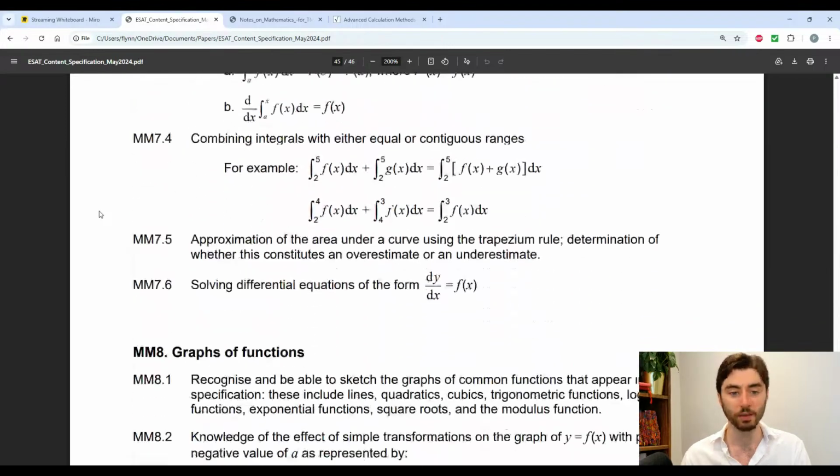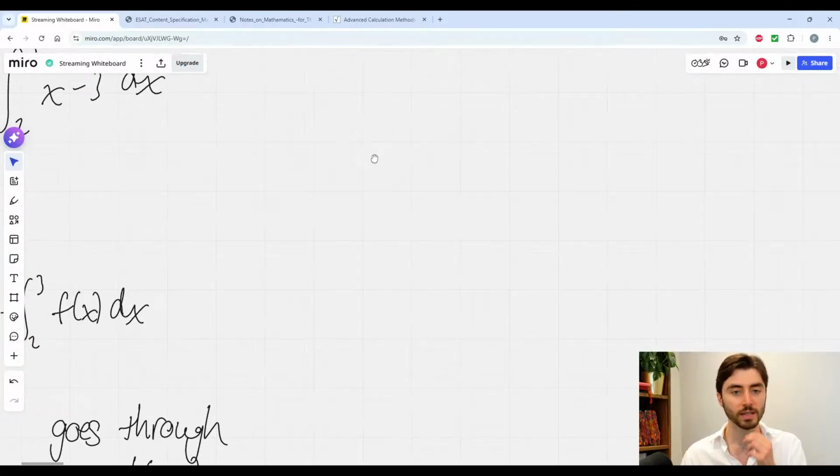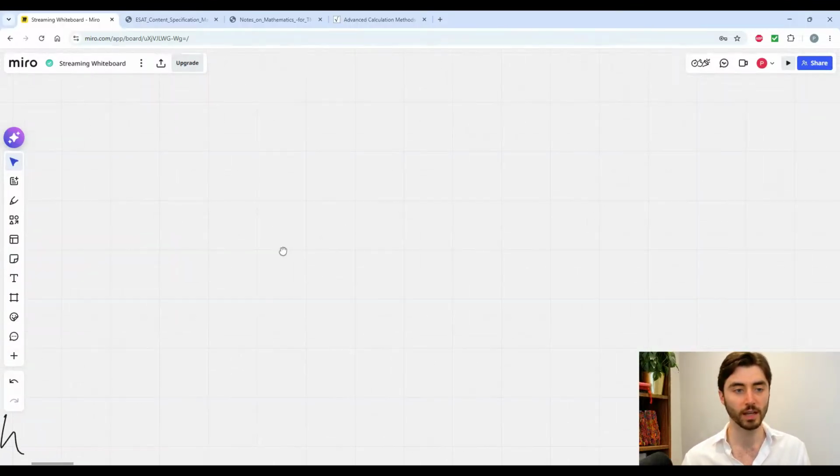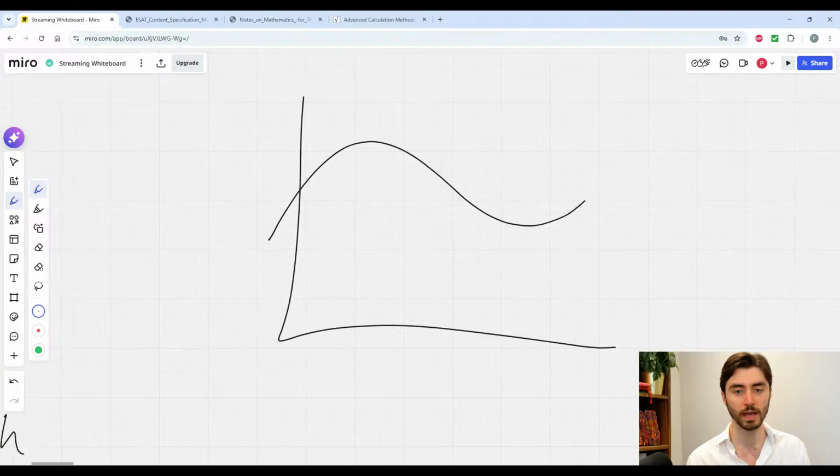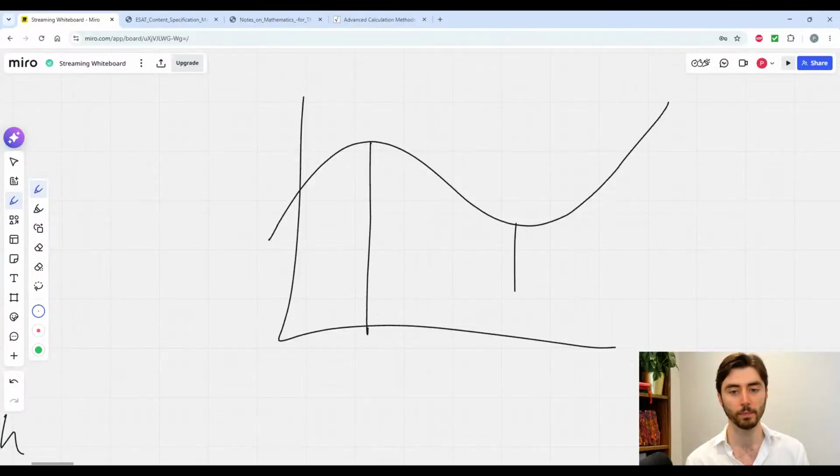But the final thing I've got to go through, which I haven't gone through, is this trapezium rule, which says if we've got some sort of janky integral that we want to find, or some weird area, say we want to find this and it doesn't integrate in a very smooth way, what we can do is, say we want to find the area between here and here, we can break this up into strips of equal width.